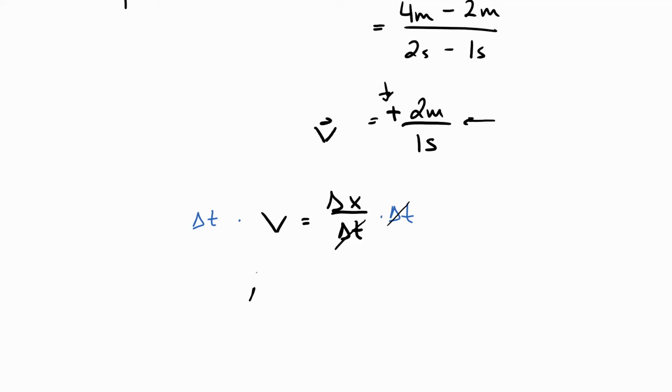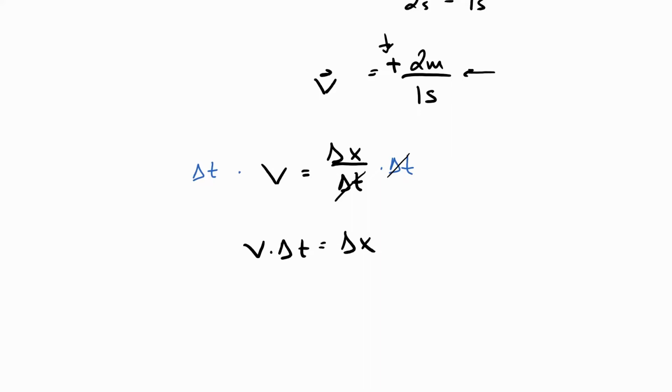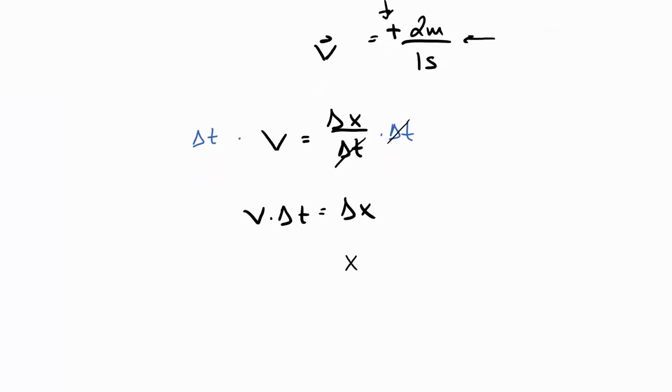So we have v times delta t equals delta x. All right. So delta x, I don't need a new color for this, is equal to x minus x naught.